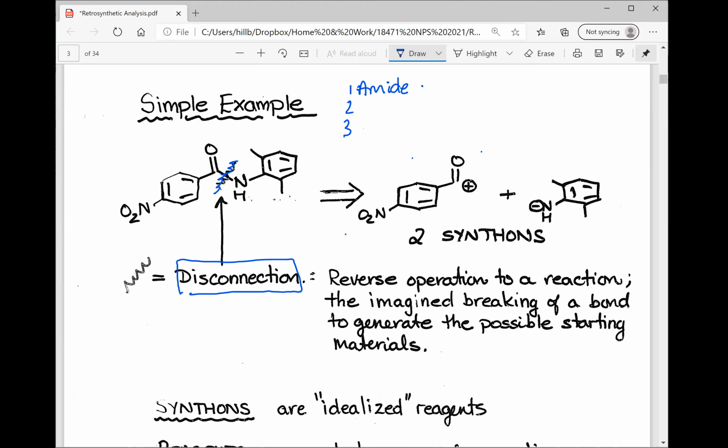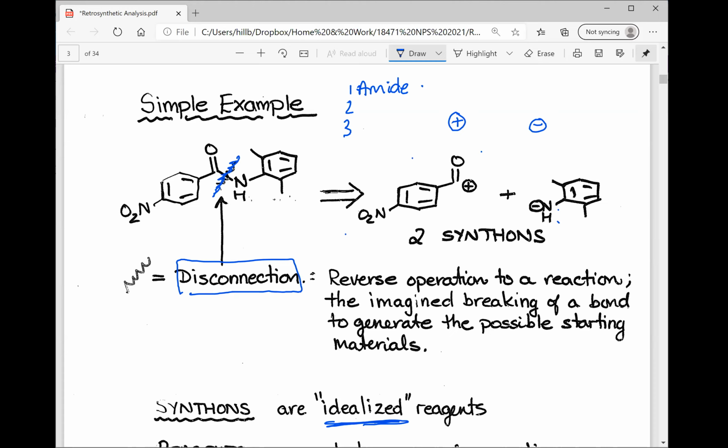And we've drawn, so these are basically idealized reagents down here. It's not the thing that we would use, you wouldn't get that out of the bottle. Unless you're doing radical chemistry, when you're breaking this bond, one side is going to have the positive and one side is going to have the negative. One side's effectively the electrophile, one side will be the nucleophile, so to speak.